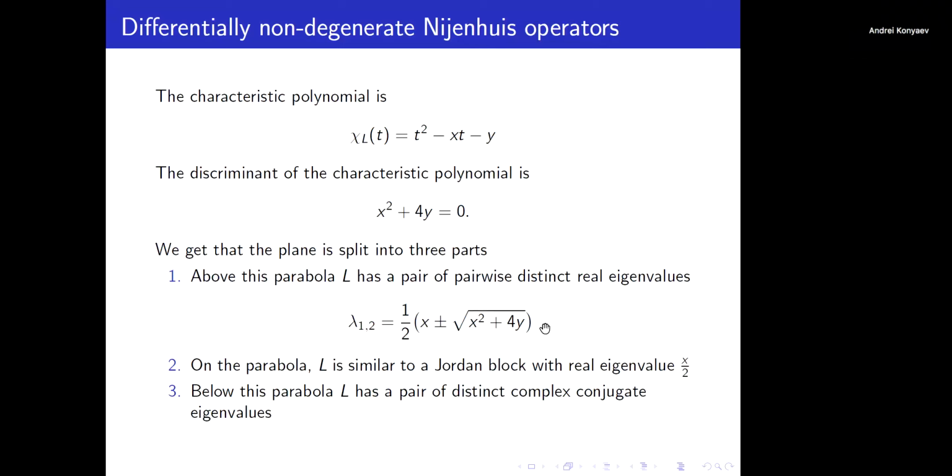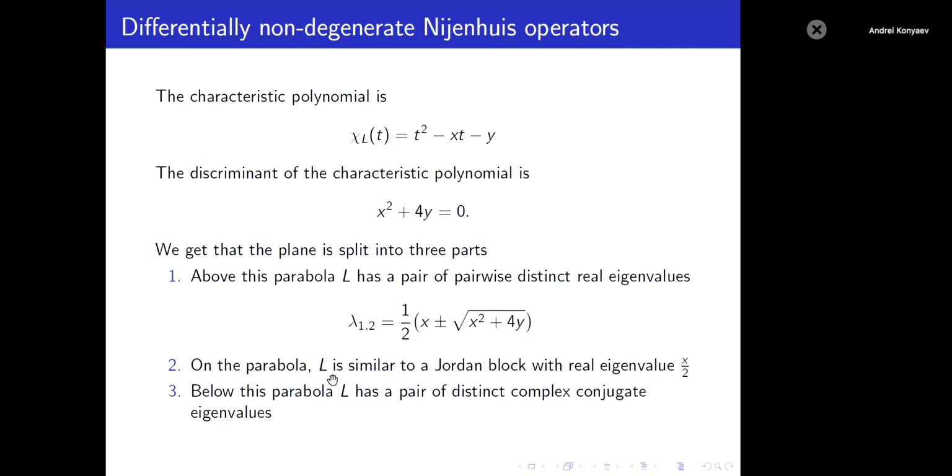But as we get close to the parabola, the coordinate system breaks down. It's an important effect, which is important to understand why we need to come up with a different form. Why do we study differentially non-degenerate operators? Because you can say, well, they are like almost everywhere, because here it's 0 on some curve. Almost everywhere you have different eigenvalues, so maybe you can come up with a coordinate system. And why do you need another coordinate system, right? Well, because those coordinate systems do not work.